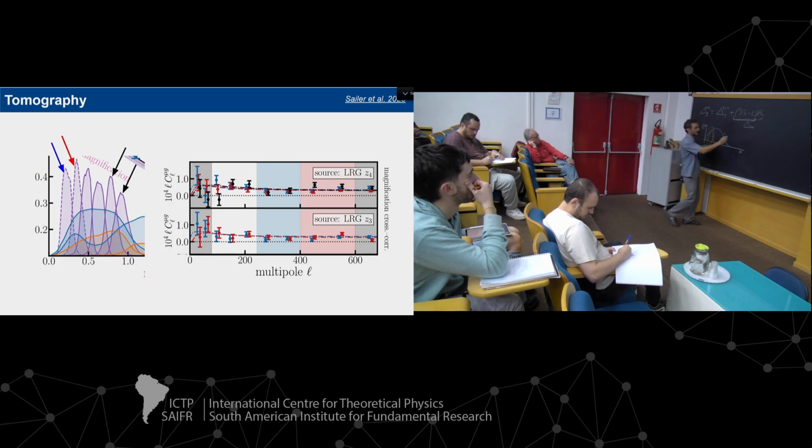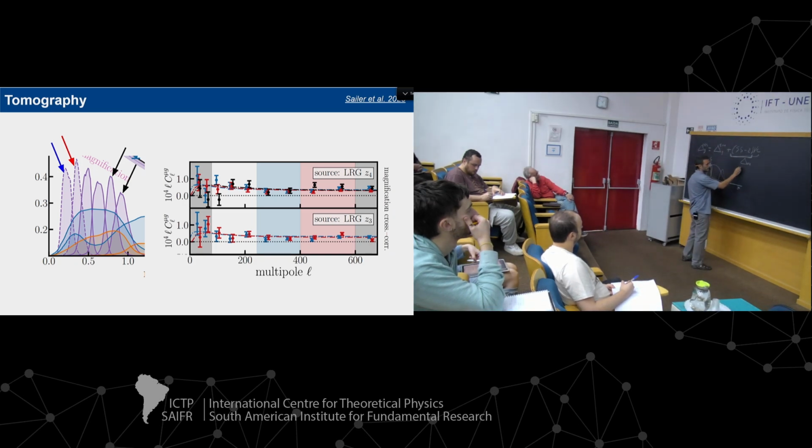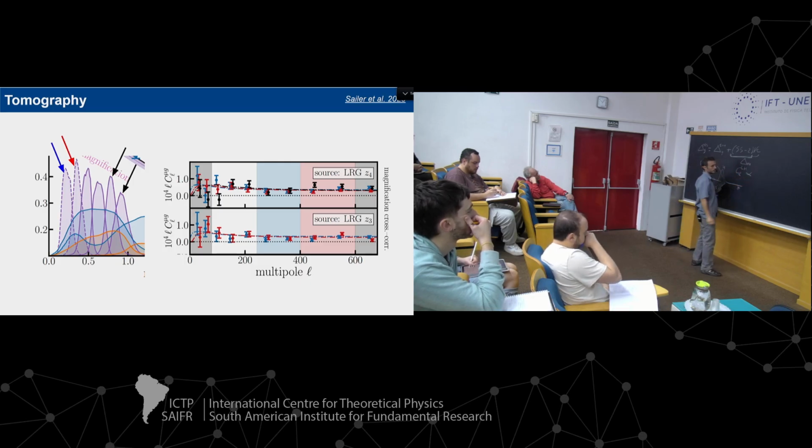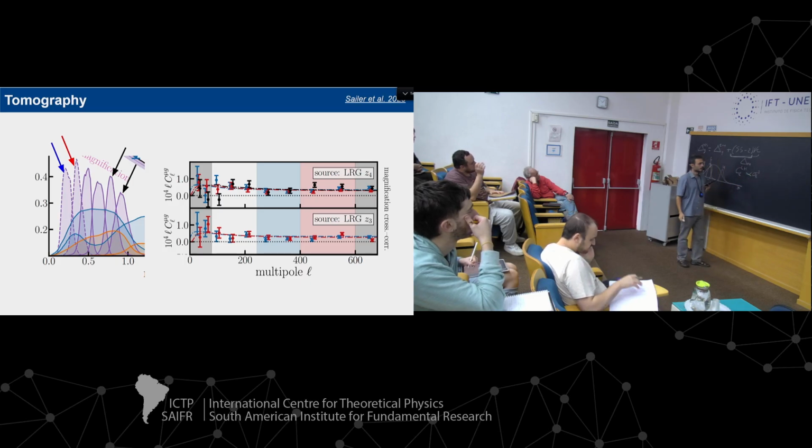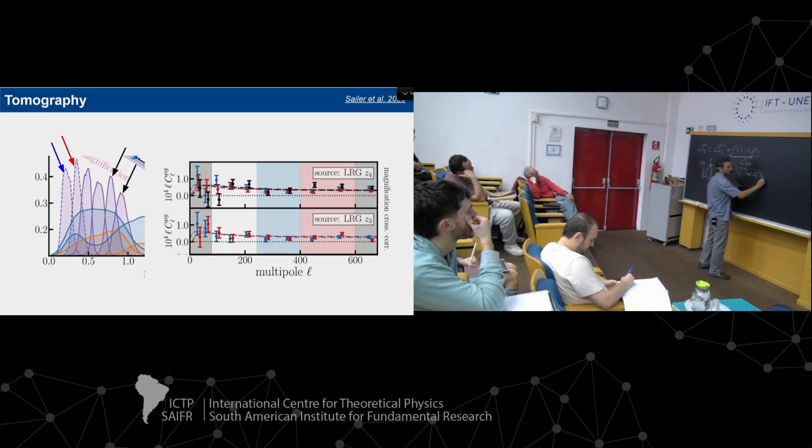Let's say I'm going to call this sample L for low redshift, okay? So let's say that we're looking at the cross correlation between L and the high redshift bin, which is going to be H, okay, LH. Right, so this will be proportional to what? Proportional to sigma 8 squared, because everything is proportional to sigma 8 squared. It's going to be proportional to the bias of the low redshift galaxies. And then it's just going to be proportional to 5s minus 2, right?